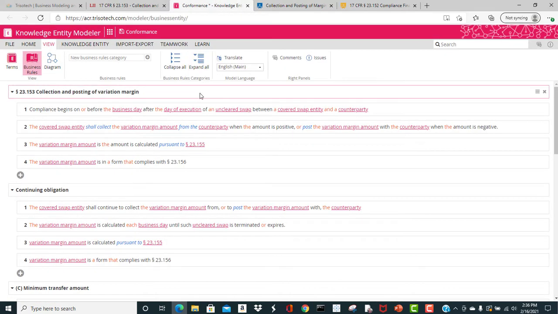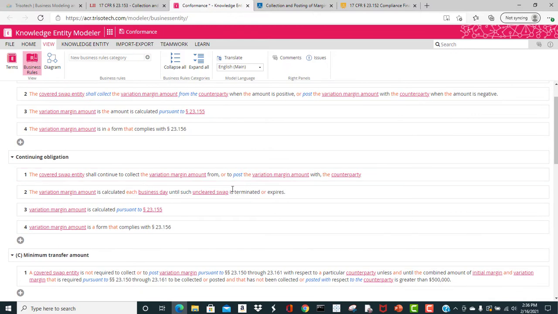If you look at my KEM, I have these four rules here. Covered swap entity, collect or post the variation margin amount, calculated each business day until it terminates or expires, calculated pursuant to 23.155, and number four, complies with 23.156.